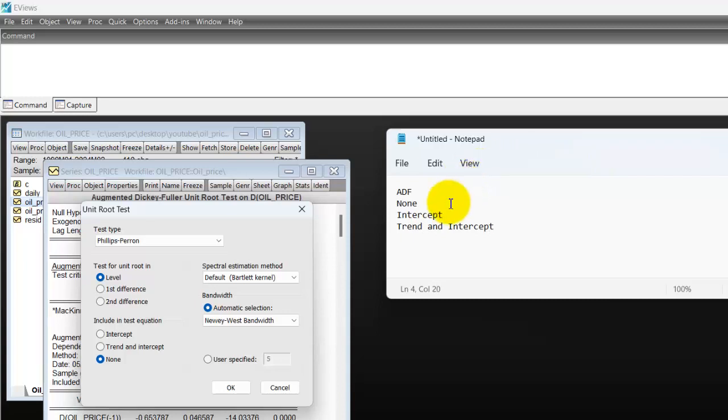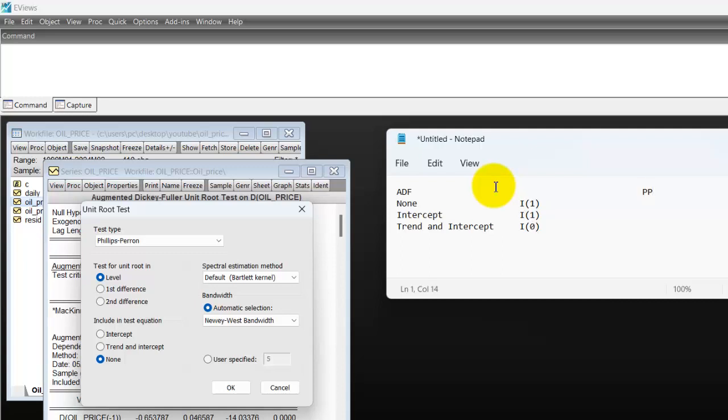For none, ADF shows that oil price is I1, that is first difference. Intercept also is I1. And for trend and intercept it is I0. So now let us check for PP.